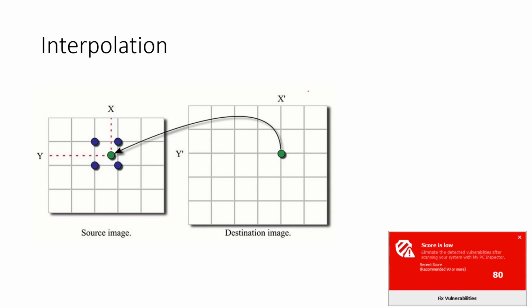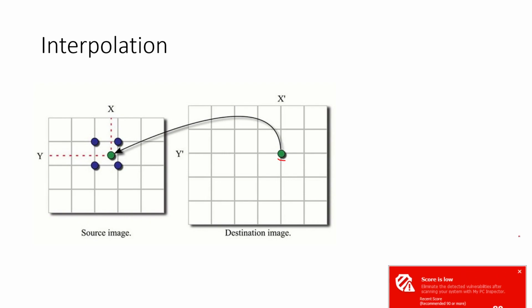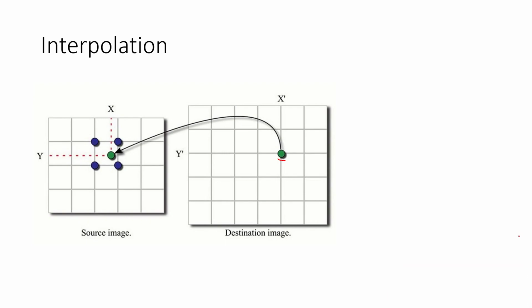Let's say this is our destination location, and this is the location you get if we perform inverse transformation. The location is no longer discrete, and it doesn't map into one of these nearest locations.